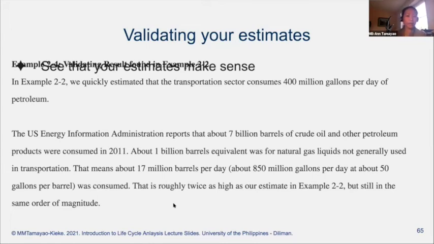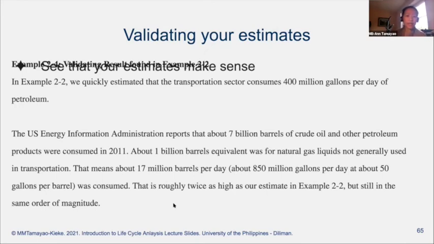Moving back to our example, the U.S. Energy Information Administration reports that about 7 billion barrels of crude oil and other petroleum products were consumed in 2011. Okay, so medyo outdated, but let's just look at this example. About 1 billion barrels equivalent was for natural gas liquids not generally used in transportation.